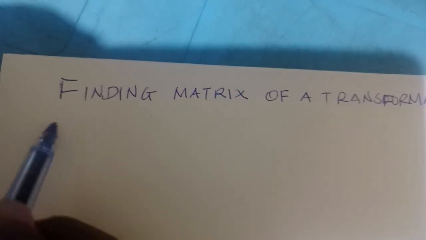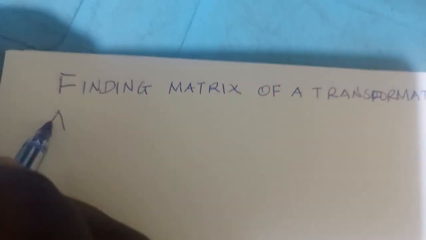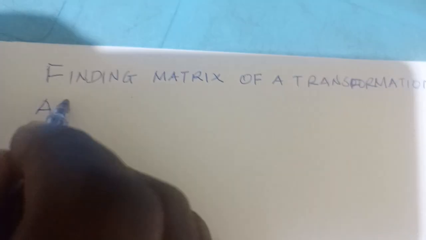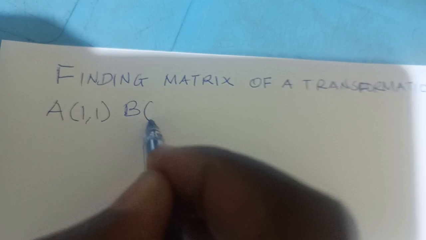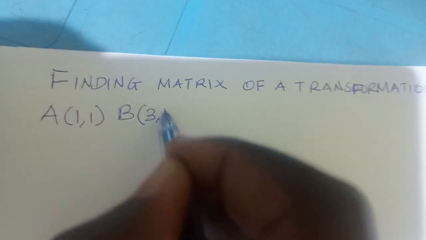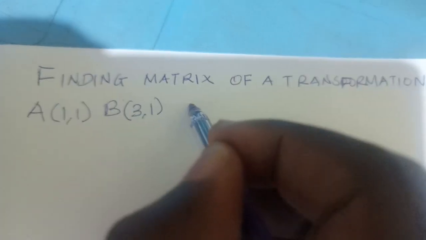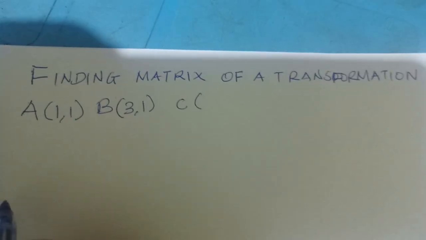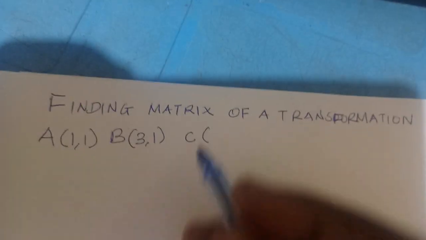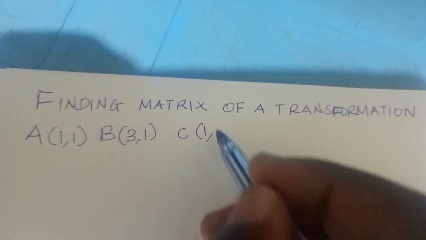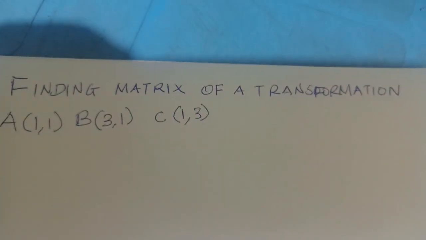For example, you could be given an object like a triangle, say triangle ABC with vertices at A(1, 1), B(3, 1), and C(1, 3).